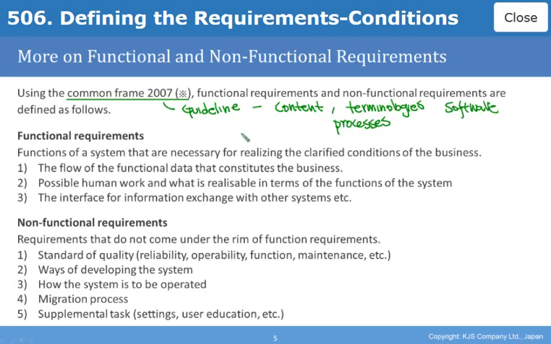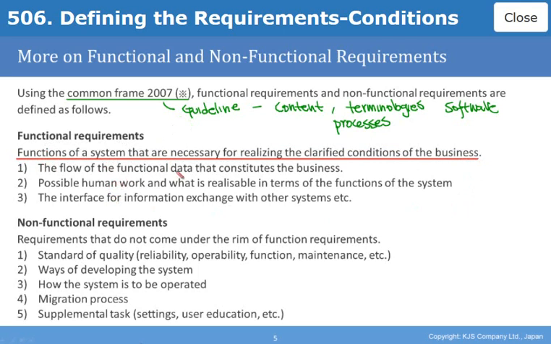So this guideline can be used to define the functional requirements and non-functional requirements, and these are listed as follows. Functional requirements are defined functions of a system that are necessary for realizing the clarified conditions of the business.